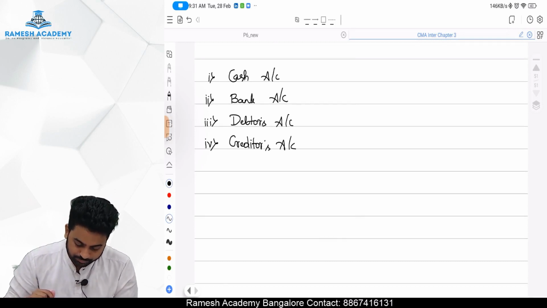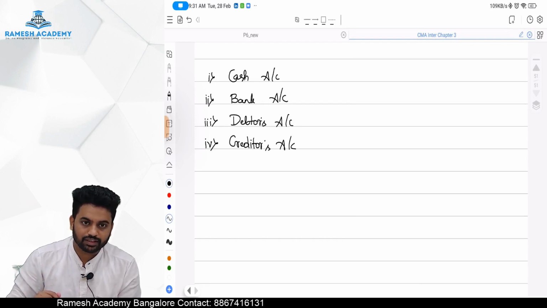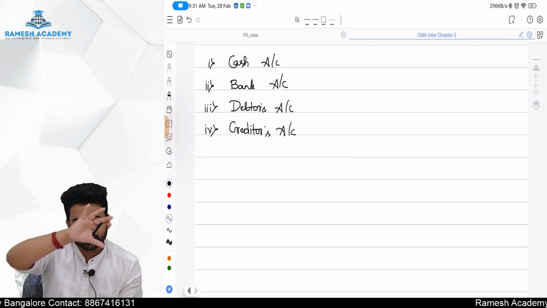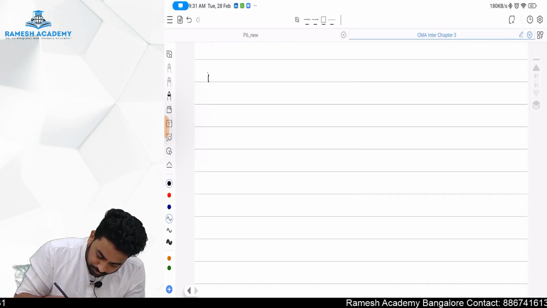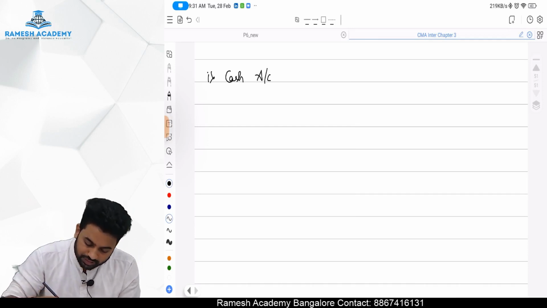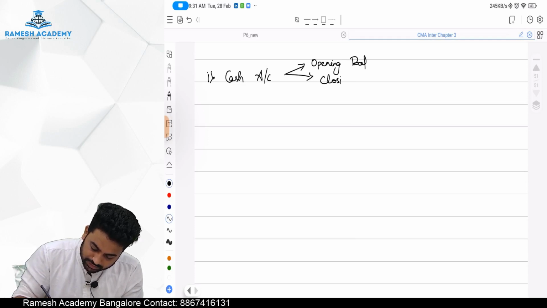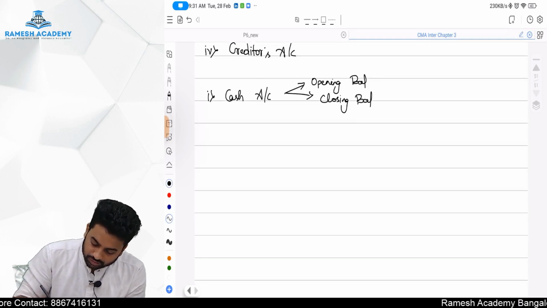Okay, sir. Now, why do we have to prepare these ledgers? Listen carefully. I am speaking generally, depending upon the questions we solved so far. Cash account: when they give you an opening balance and when they give you a closing balance, usually there will be a difference in the cash account.